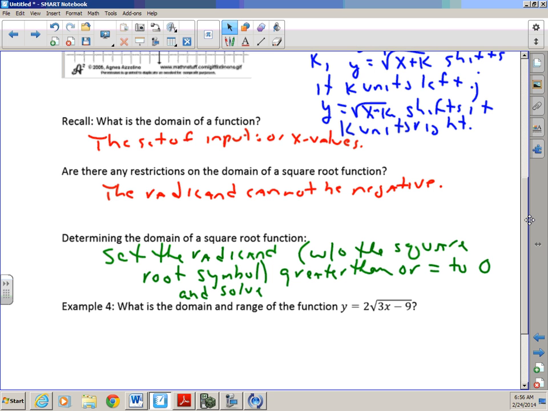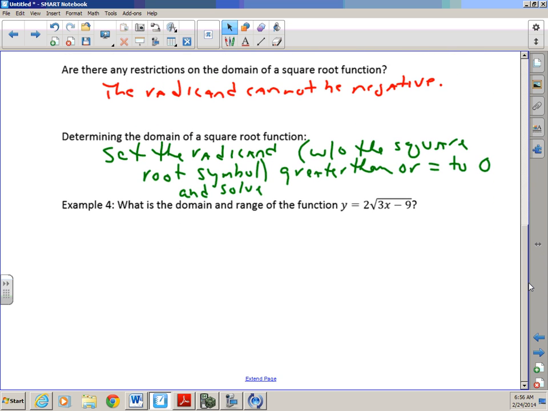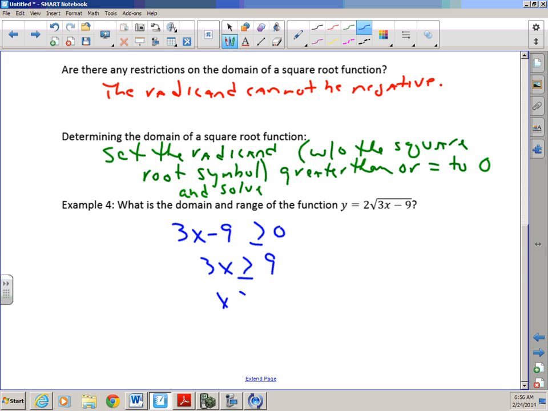So what is the domain and range of the function y equals 2 radical 3x minus 9? What I do is I set the 3x minus 9 greater than or equal to 0 and solve. So my domain is x is greater than or equal to 3.